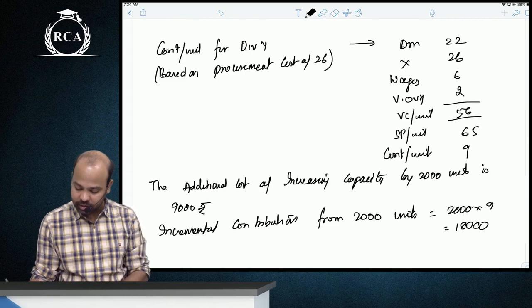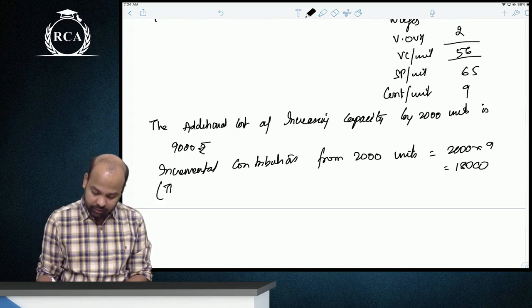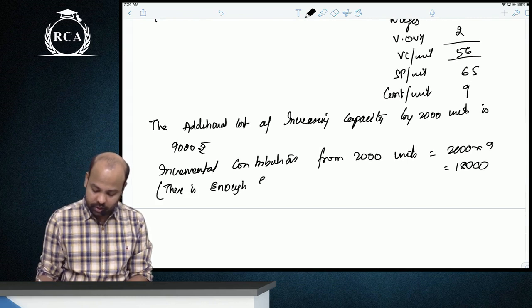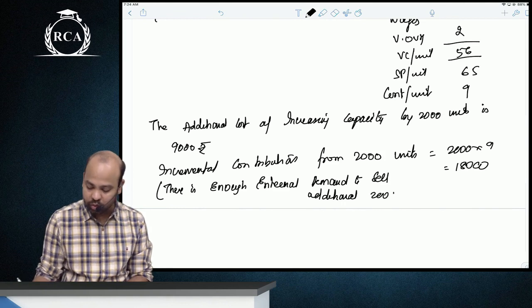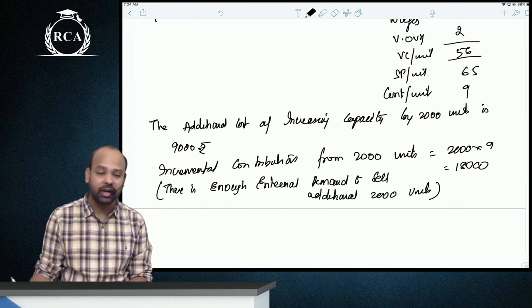There is enough external demand to sell additional 2000 units. In fact we have more than that. We have enough additional capacity.